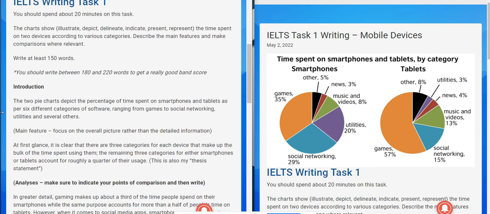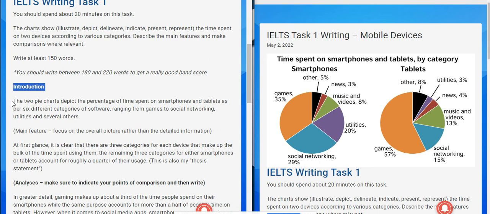So first we will look at the introduction. In the introduction, you have to paraphrase the question or recreate the information shown on your paper in the exam.